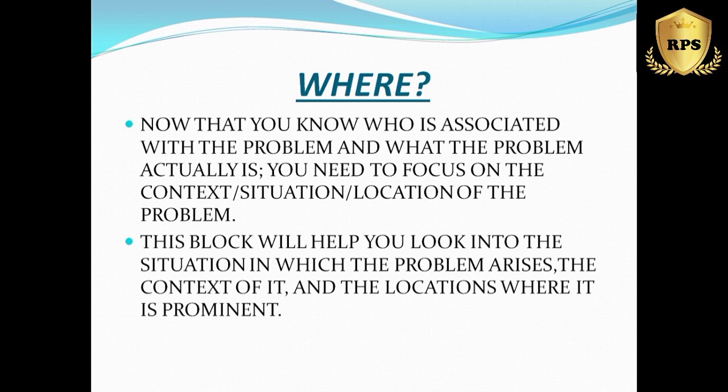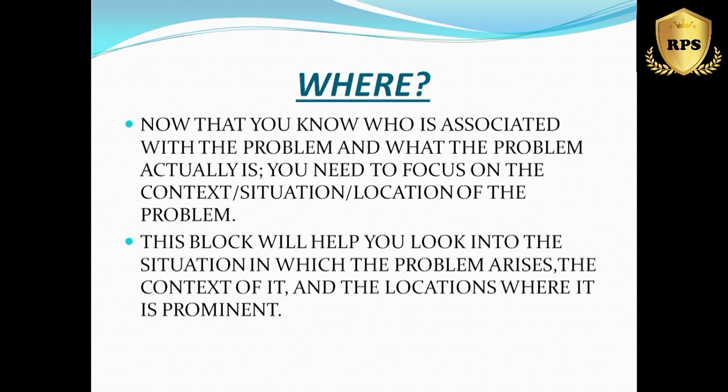So the next block is where. Now that you know who is associated with the problem and what the problem actually is, you need to focus on the context, situation, and location of the problem. This block will help you look into the situation in which the problem arises, its context, and the location where it is prominent. So the main question is: what is the location of the problem?